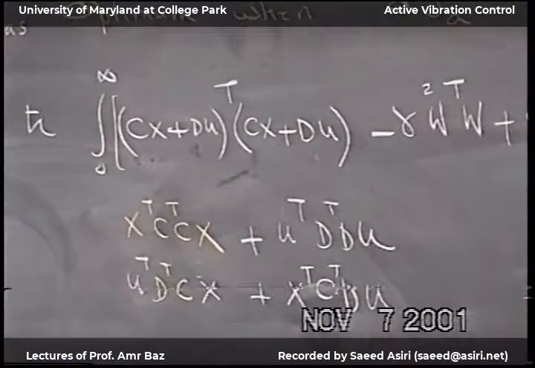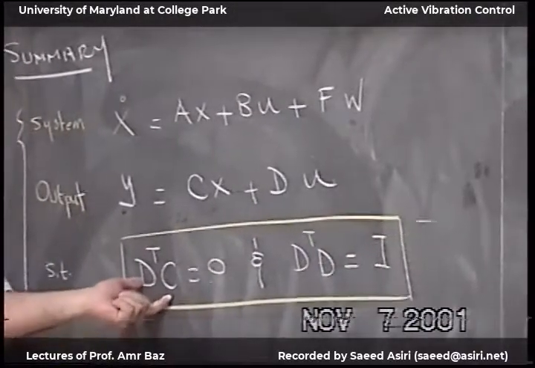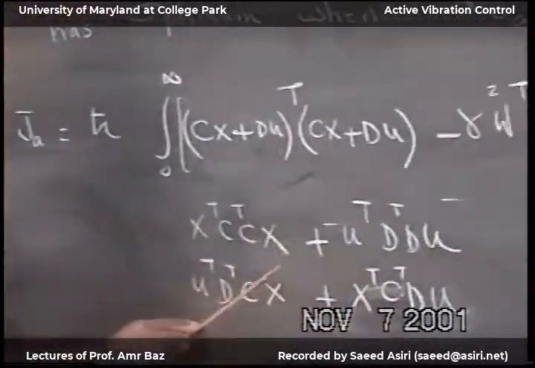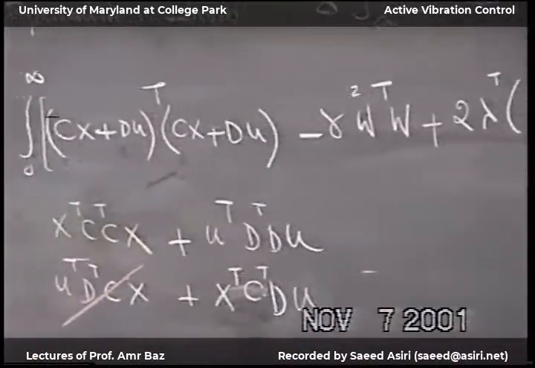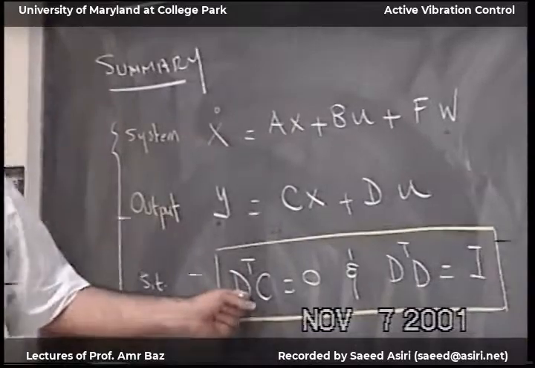Okay, now from this assumption that we have here, D transpose times C is equal to 0, so this term will drop. And again, the same, if I take the transpose of this equation, then it becomes C transpose D, which is also 0, so this term will drop.